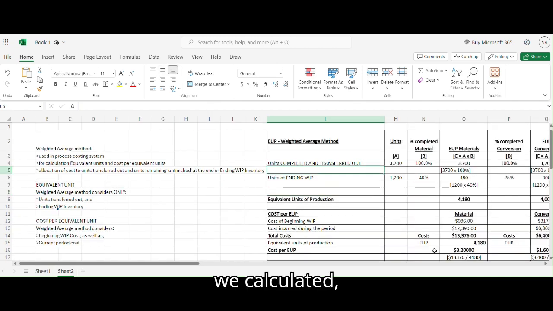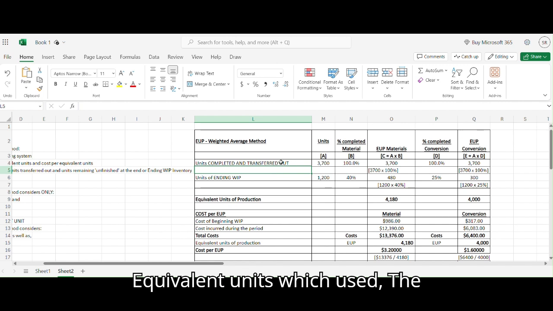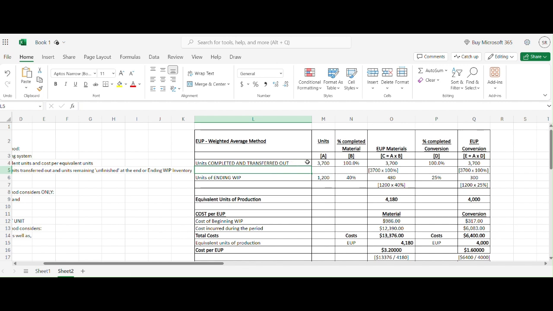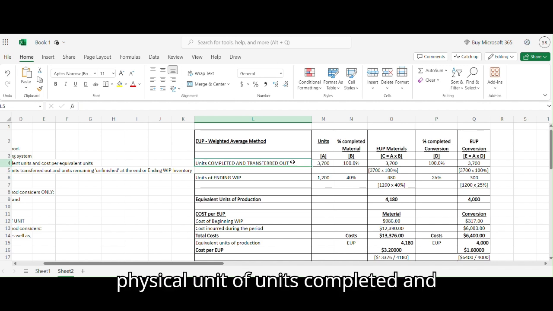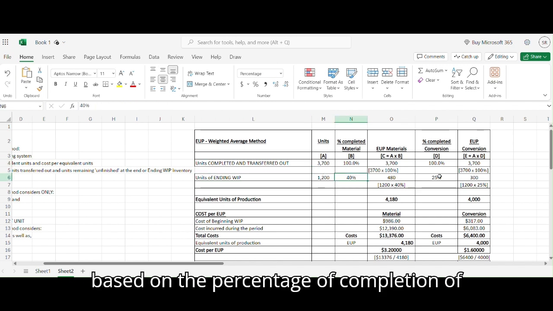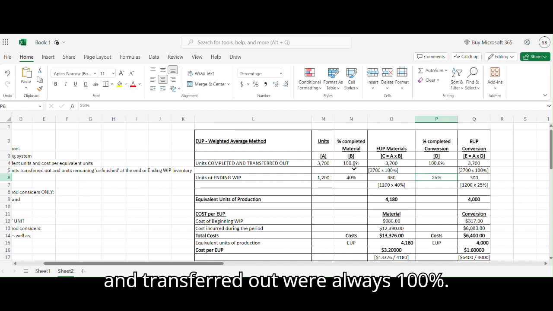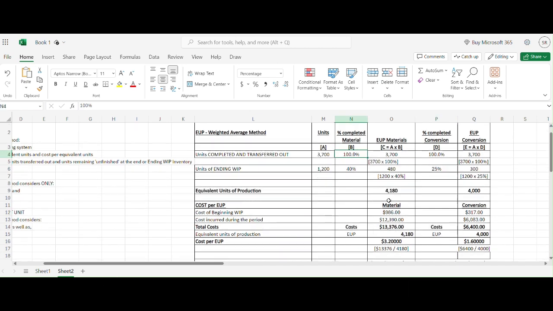Based on this, we calculated equivalent units, which used the physical units of units completed and transferred out, and the ending inventory based on the percentage of completion of ending inventory, because units completed and transferred out were always 100%.